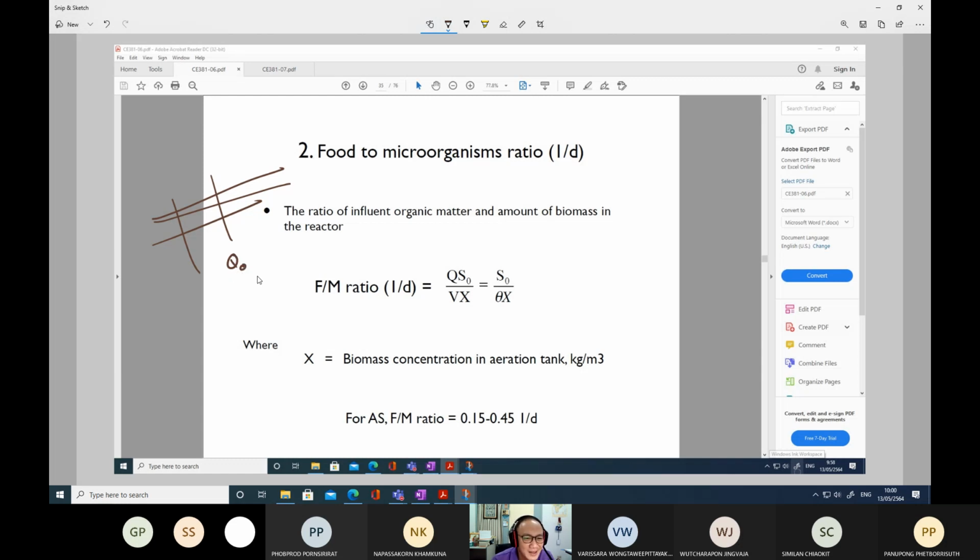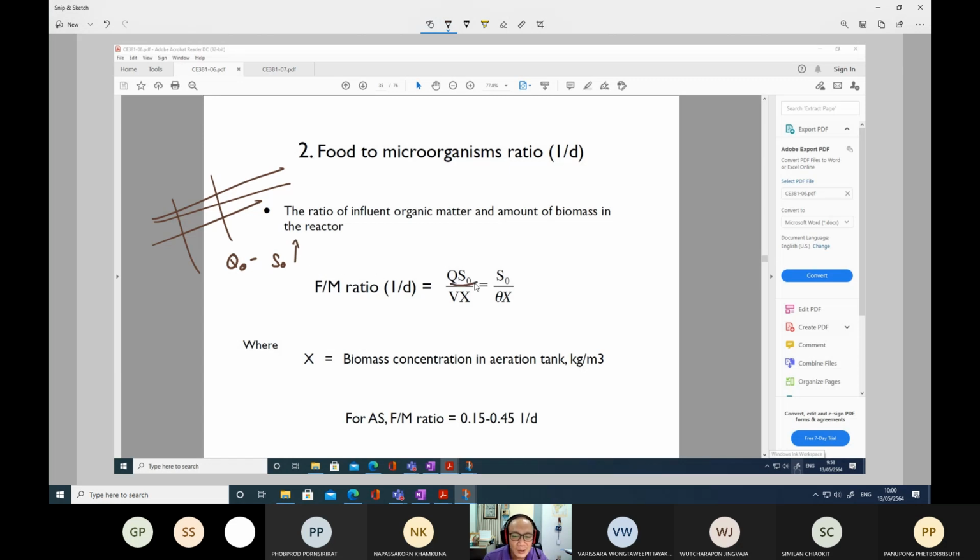The influent flow is given by Q0, and the influent BOD is divided by S0. In this case, probably the flow rate may not increase much, but the concentration will increase a lot.